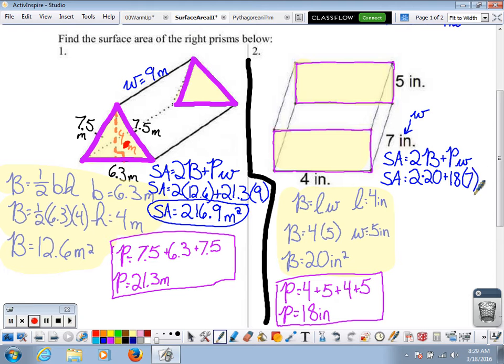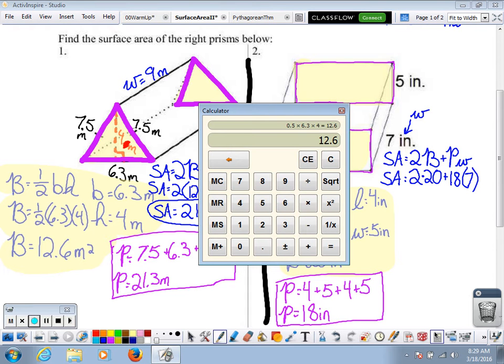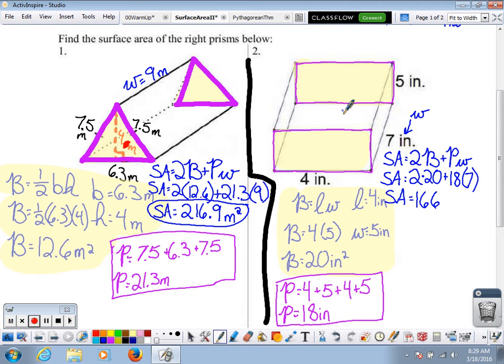Good. Now if we need a calculator, we can use one. And we'll do 2 times 20 plus 18 times 7. And we get the surface area equals 166 what? Square inches. Okay?